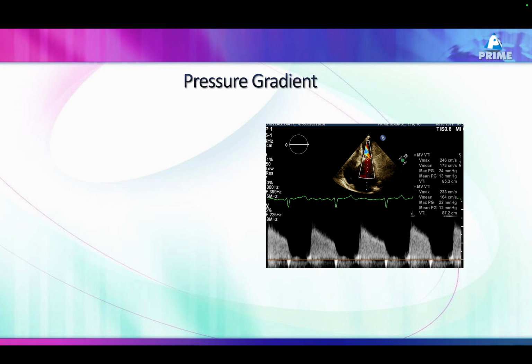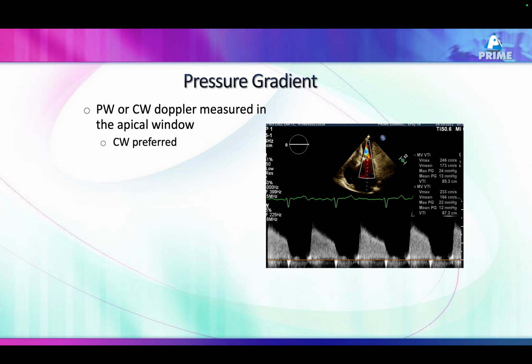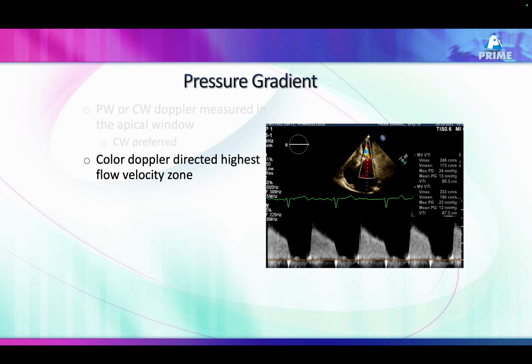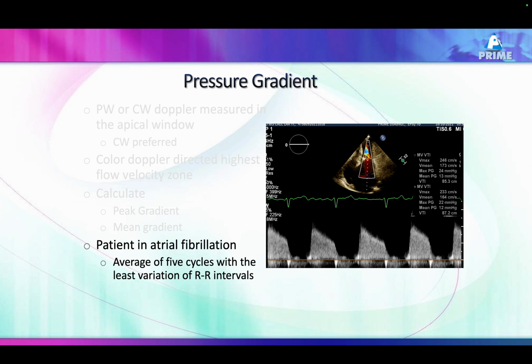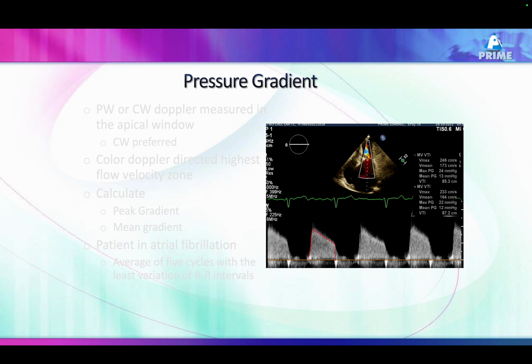So next, or probably the last, is the pressure gradient. CW is preferred, and then you take the highest velocity, you calculate peak and mean velocities, and in atrial fibrillation, this is how you trace the mitral valve, and then you get a peak and a mean velocity.